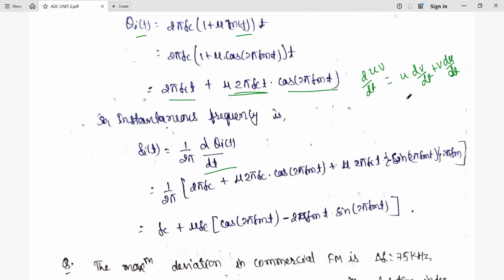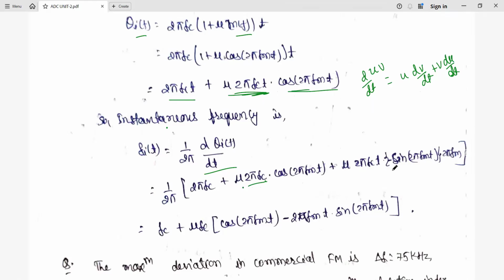On the basis of that, first we are differentiating 2 pi fc t here. So we have 2 pi fc, with cos 2 pi fm t taken as the constant. The second time, we differentiate cos 2 pi fm t.